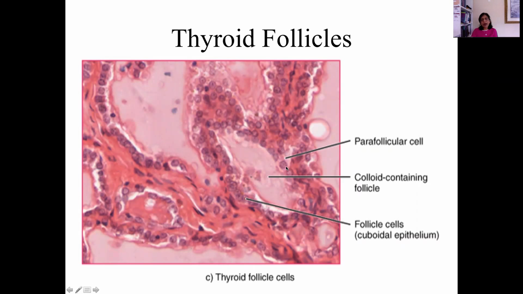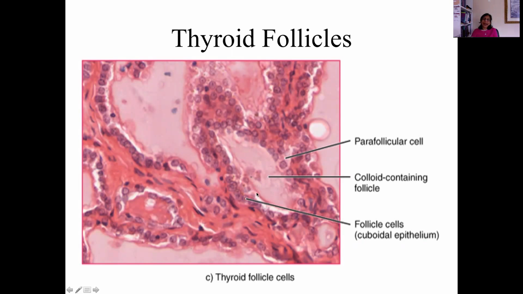These cells are called follicular cells, also called principal cells. The inside of the follicle, the space or the lumen, is filled with a jelly-like substance referred to as colloid. Do you see this pink substance here?